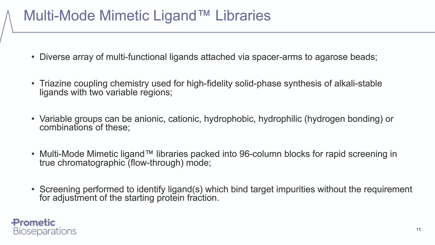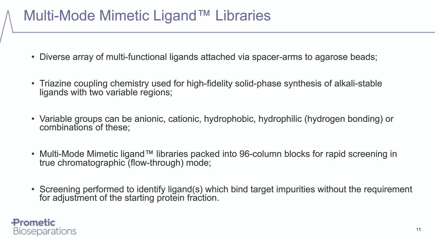We use a wide variety of groups, so we're not just restricted to one or two anionic groups and a hydrophobic group. We can use a whole range of different groups here, so anions, cations, hydrophobic groups, hydrophilic groups, or any combination of these. The libraries themselves are packed into 96 column blocks. You'll see some photos of this in a moment.